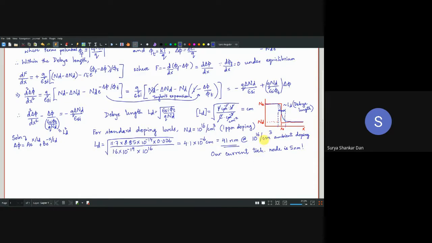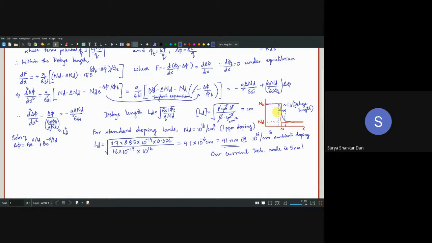Okay. So what it means is that if the region you are considering, where we are trying to find out the LD, has a doping of 10 power 16 per centimeter cube, so that means if N_D over here is 10 power 16, then it will take a distance of 41 nanometers to respond to a sudden change in the doping levels.